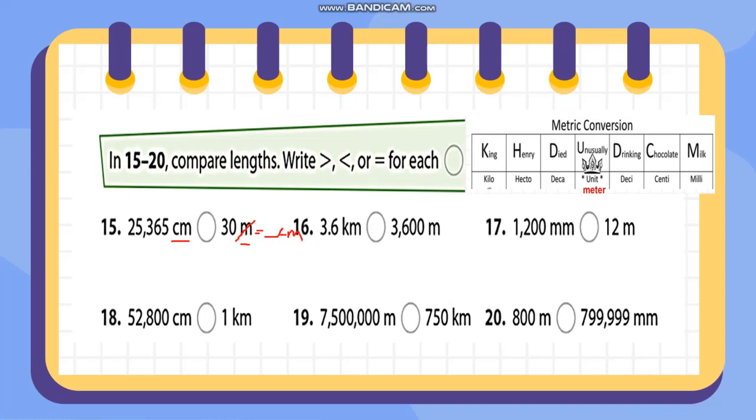So meter to centimeter. How many movements? Tens, hundreds. So that is hundreds, and from bigger to smaller unit, it means multiply by 100. So 30 multiplied by 100, that is equivalent to 3,000. So 3,000 centimeter, I have here now 3,000 centimeter.